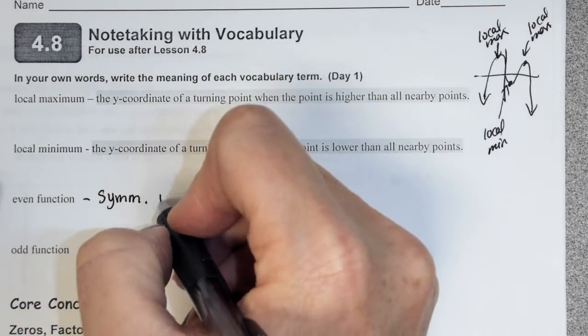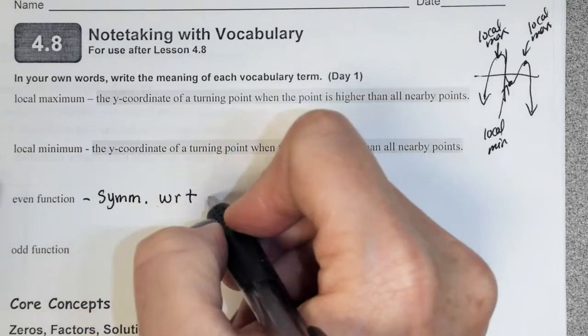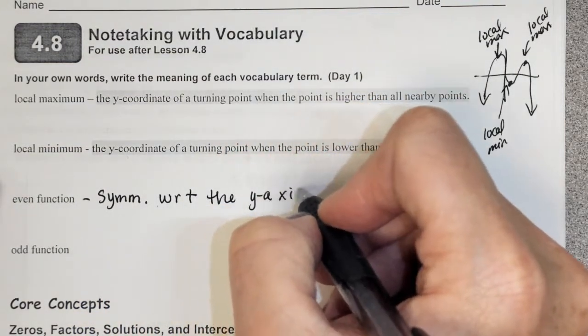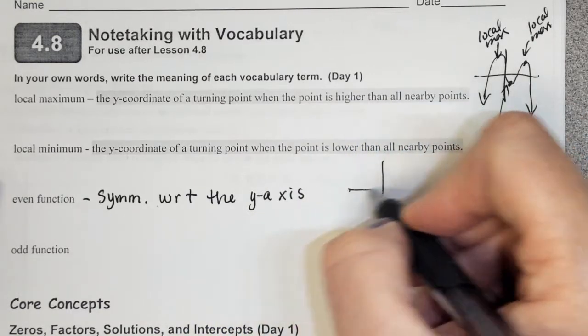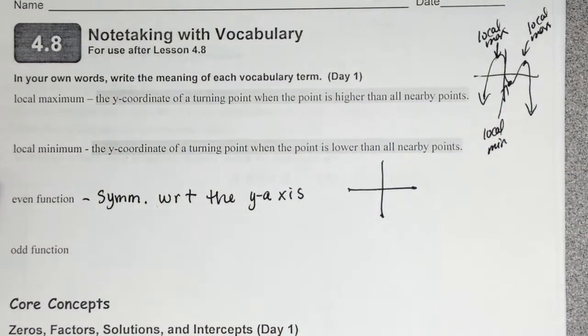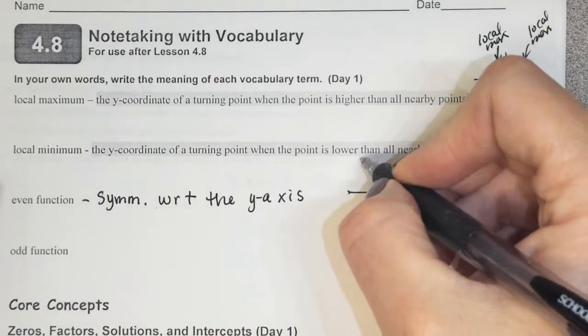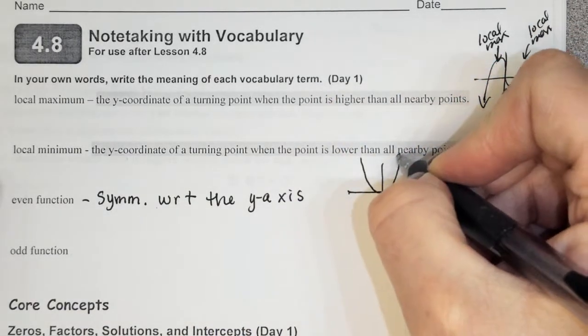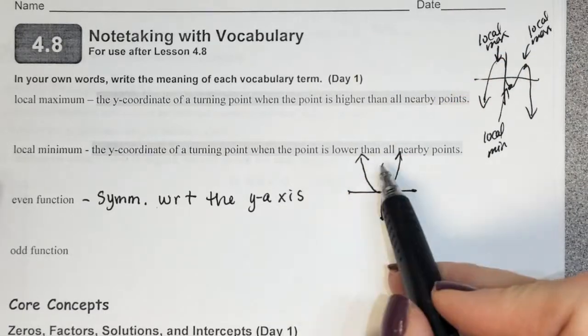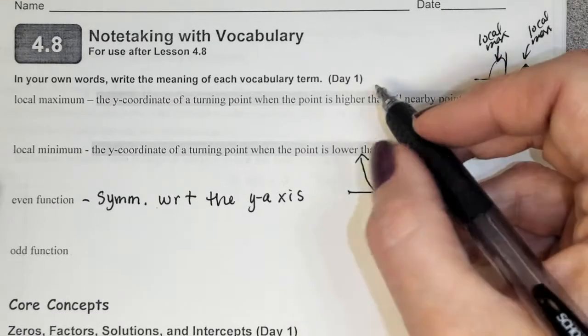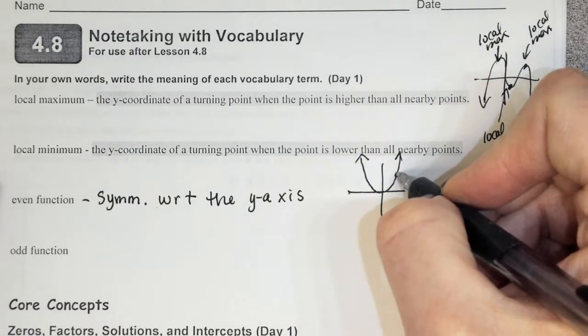Even functions, these are always going to be symmetric with respect to the y-axis. So an even function that we know, y equals x squared. That's an even function. Do you see how that is symmetric with respect to the y-axis? So let's say I'm looking at this point right here.